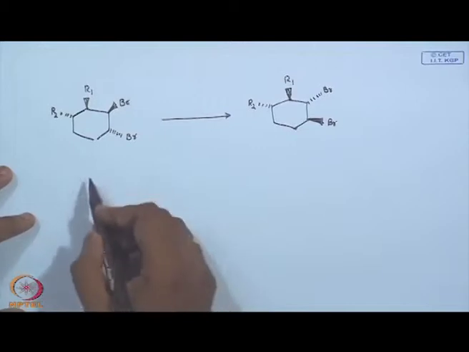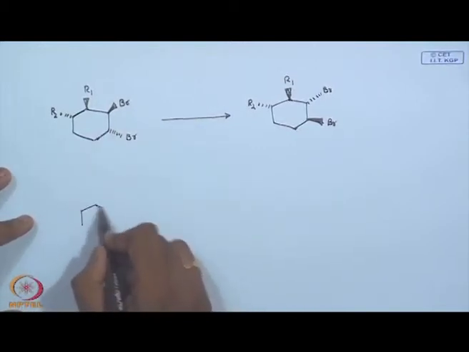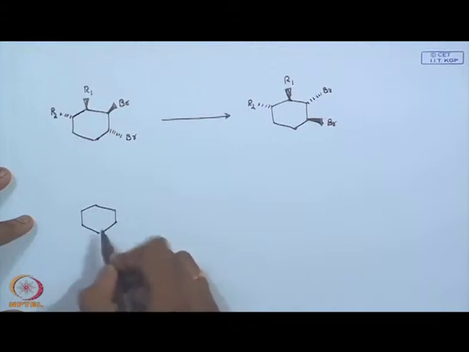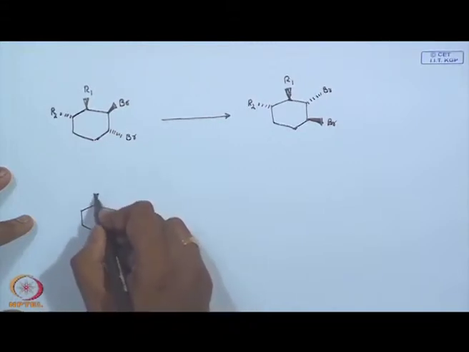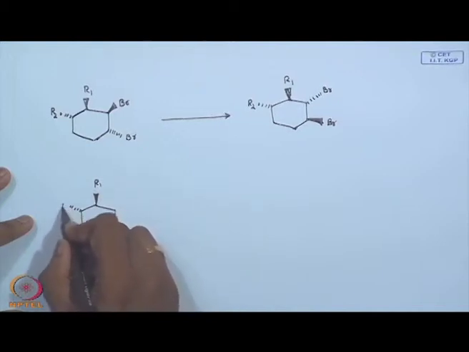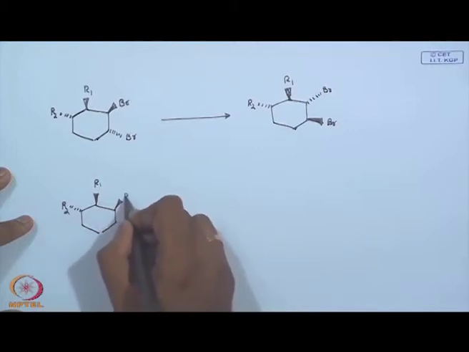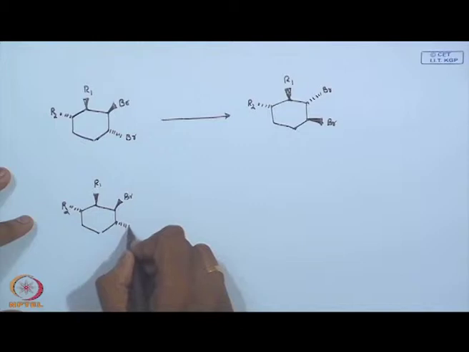Same way, we can write R1 here, R2, then bromine here.